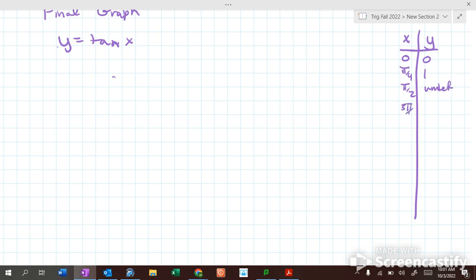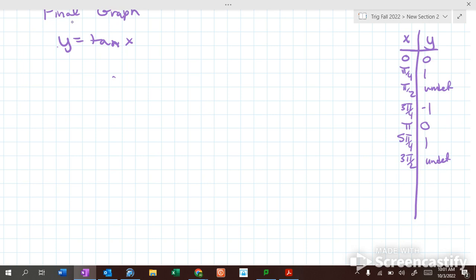3 pi over 4. -1. Pi. 0. 5 pi over 4. 1. 3 pi over 2.